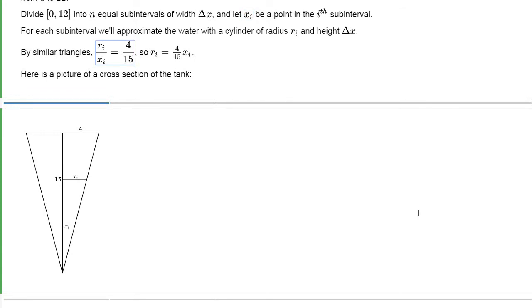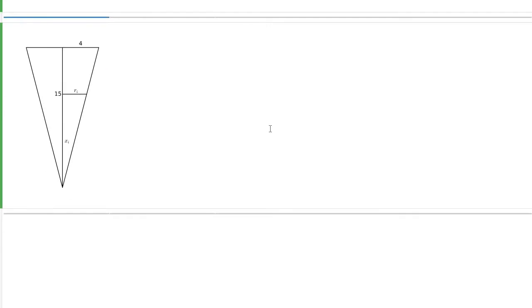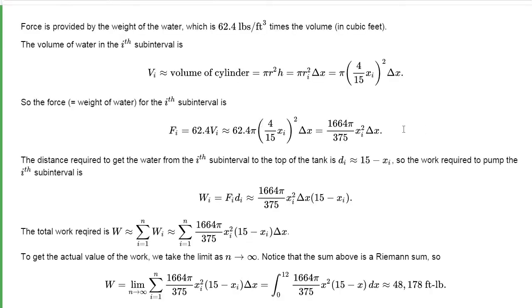Alright, so this is what we get from geometry with the similar triangles. Multiply both sides by x sub i, and you get r sub i is 4/15 of x sub i. Alright, now we know r. The force is provided by the weight of the water, which is this density here, 62.4 pounds per cubic foot, times the volume in cubic feet. So what's the volume?